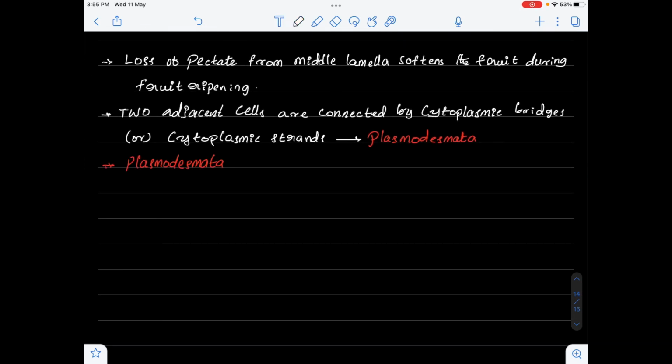Here the plasmodesmata are useful in transferring stimuli and nutrients between adjacent cells.